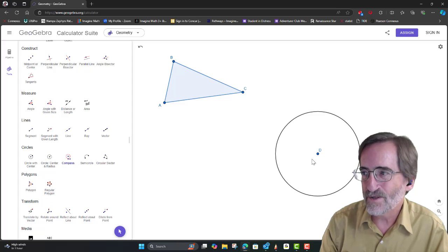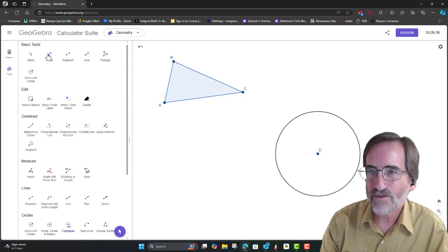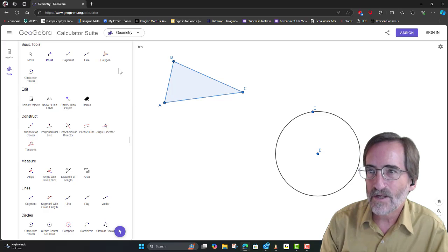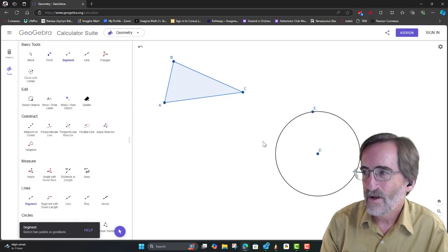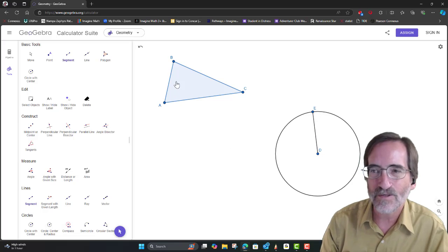There's a circle D whose radius is the length of AB. Then I'm going to put a point on that circle, anywhere on the circle will do. I'm going to put it up here, E, and draw a segment DE.